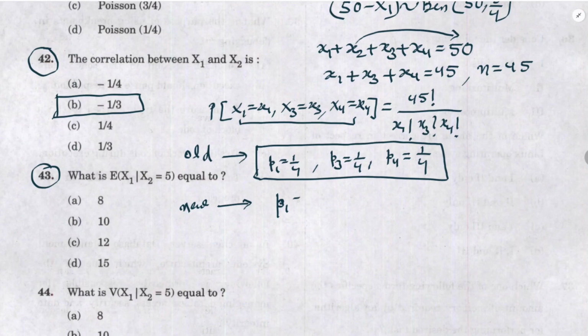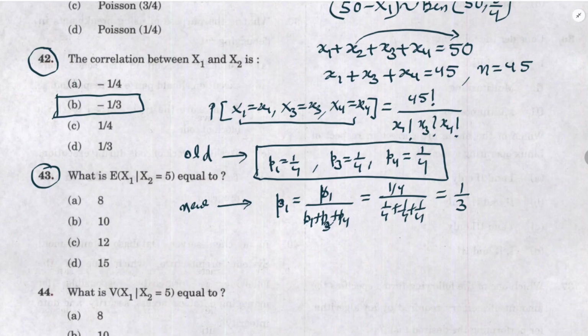We have to calculate in a proportional manner. So p1 upon p1 plus p3 plus p4, that is 1 by 4 upon 1 by 4 plus 1 by 4 plus 1 by 4. So this will give us 1 upon 3.